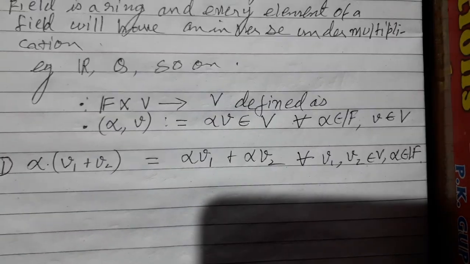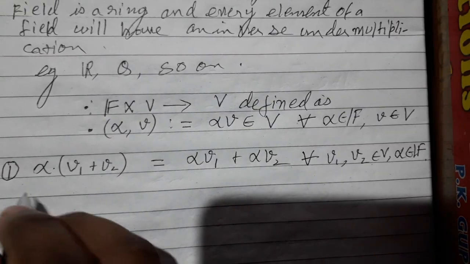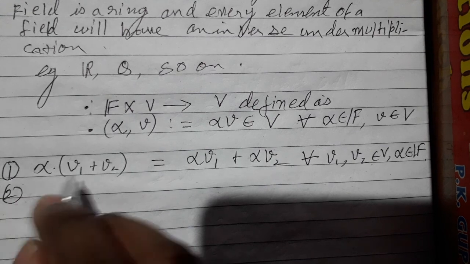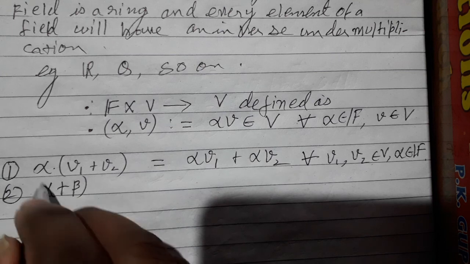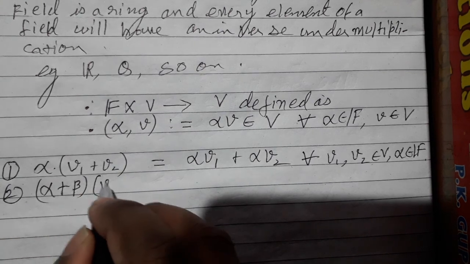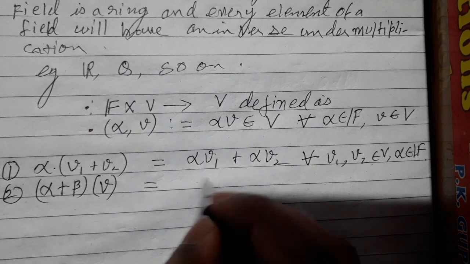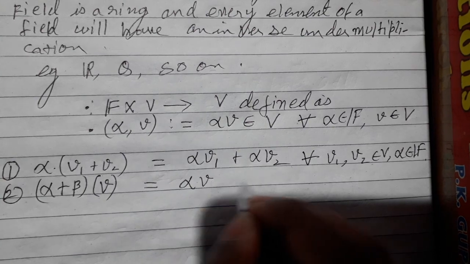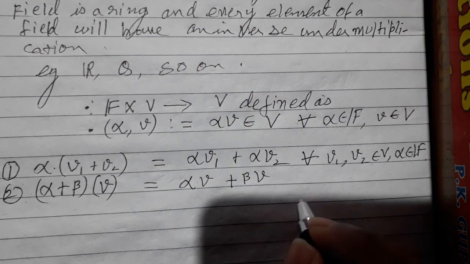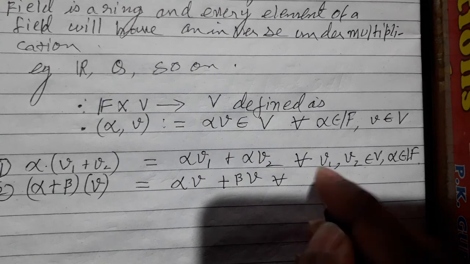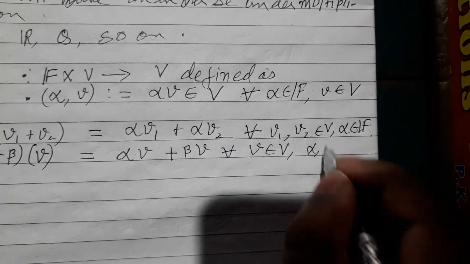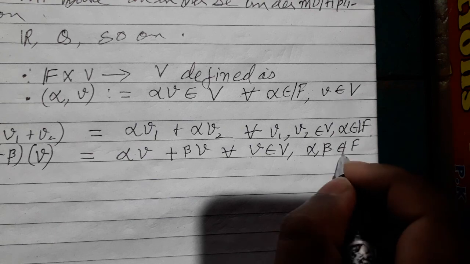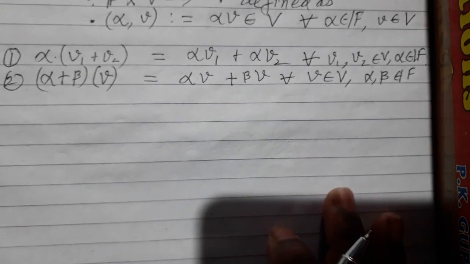Next property: you take the sum of two scalars, alpha plus beta, and one vector v. We should show that this equals alpha v plus beta v, for all v belonging to V and alpha, beta belonging to the field. That is your second property.